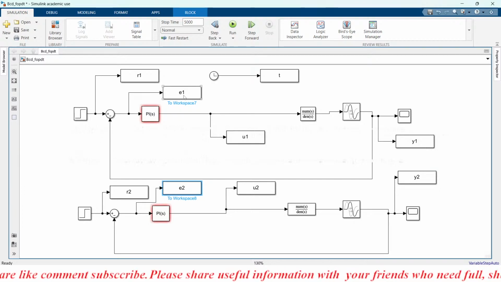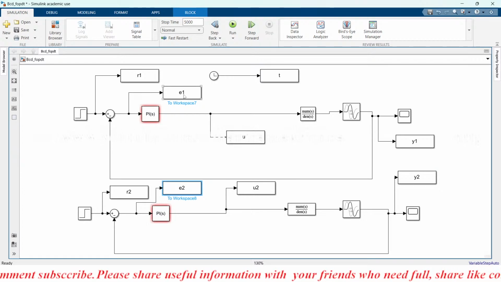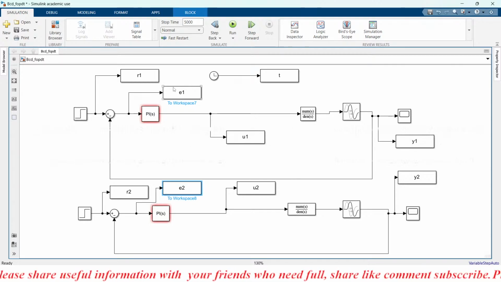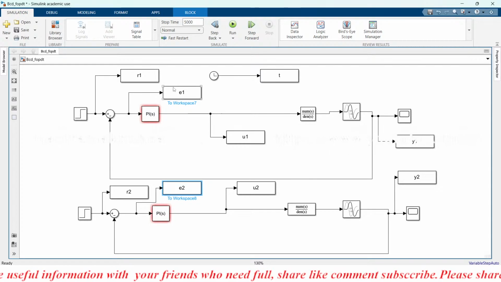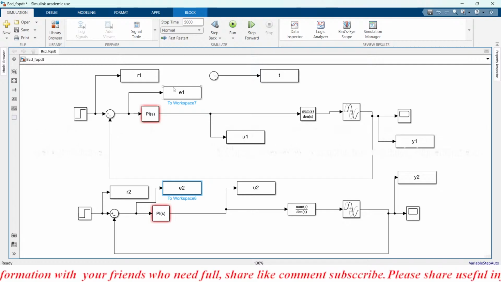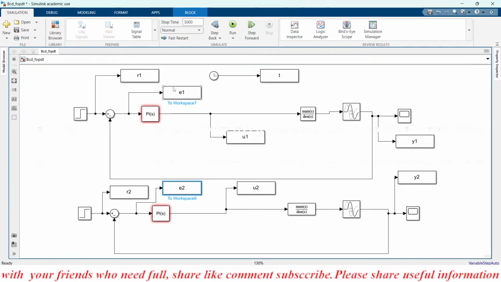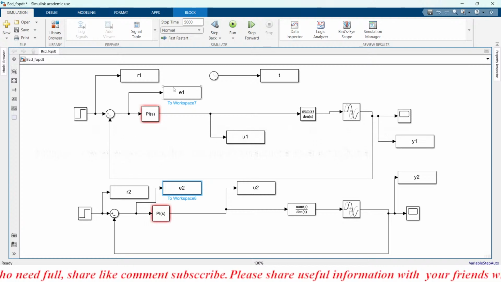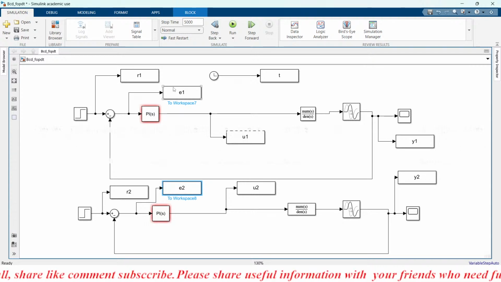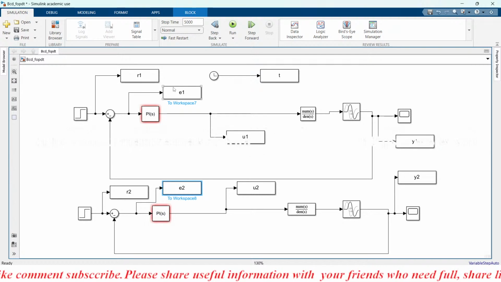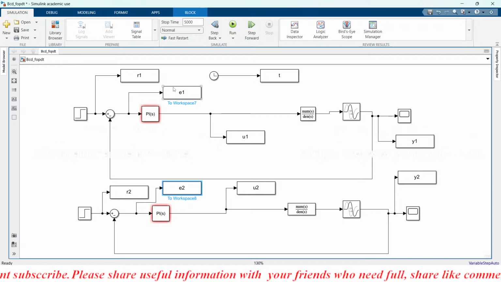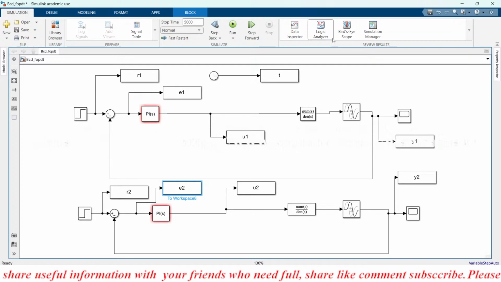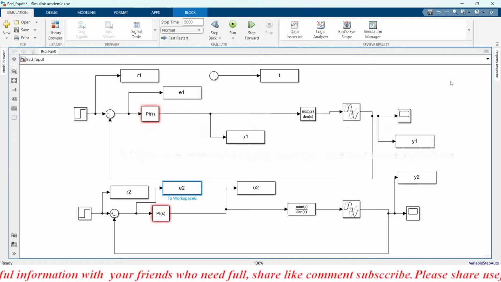That will minimize our function, and the simulation also runs faster that way. If you create the block here, it will take a larger amount of RAM, which means your energy cost will also change. That's why you need to do the calculations in the workflow only. So this is one thing we can do.